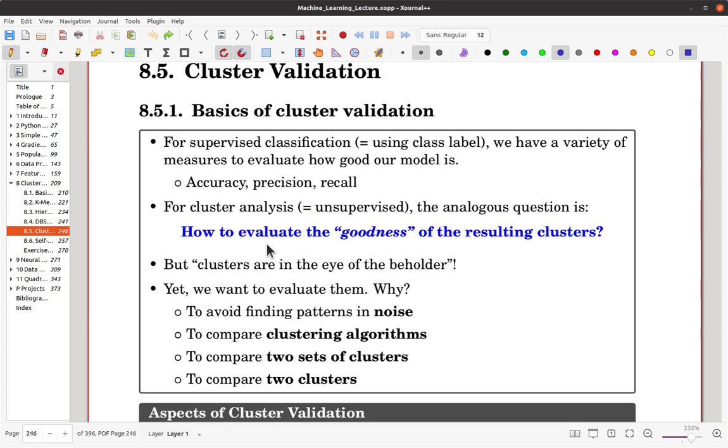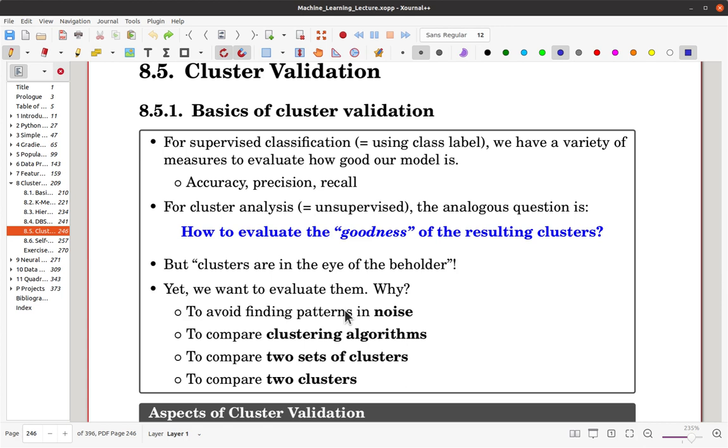Because we don't use labels, it's not easy to answer the question. The clusters are in the eyes of the beholder, which means that clustering is quite subjective. Yet we want to evaluate them. There are some reasons. We want to avoid finding patterns in noise. This pattern from noise is useless.